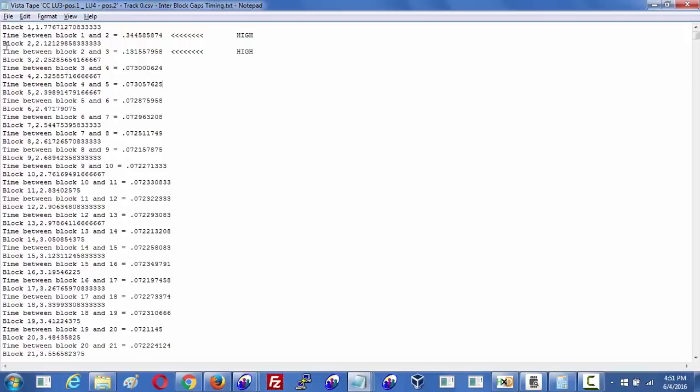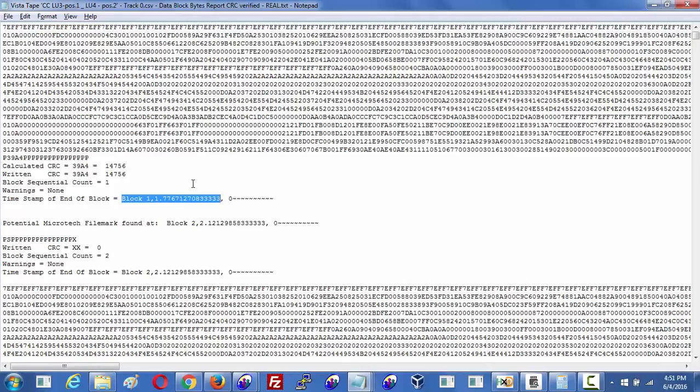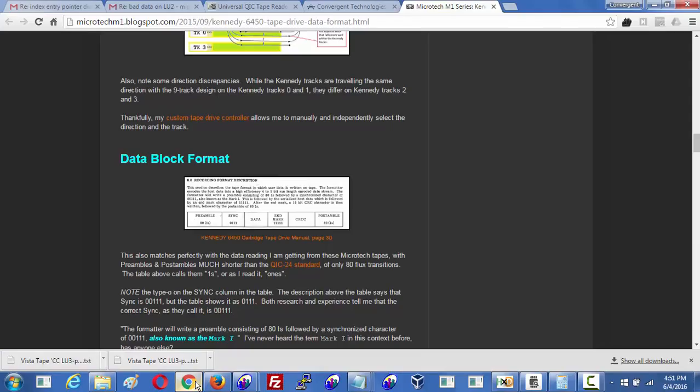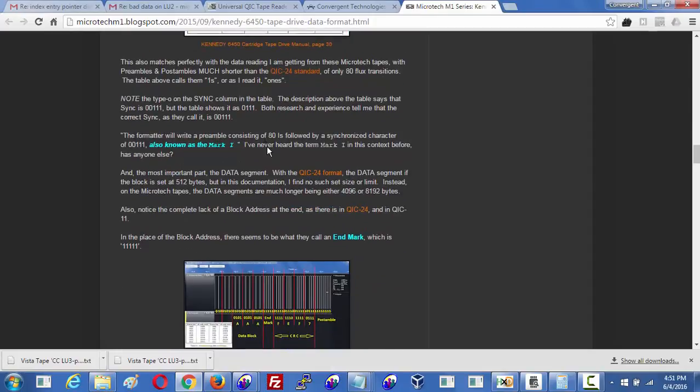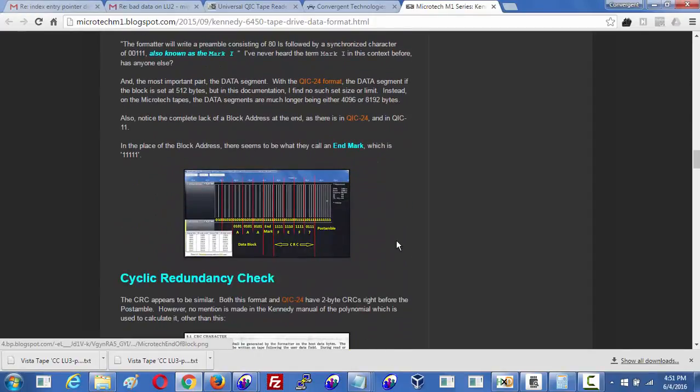Now, I know, even though this doesn't say it, block 2 is a file mark. And how do I know that? Well, my Datablock bytes report identifies that as a file mark. If you want to read more about how the file mark looks, just go to this page here, and I have an entire section on the file mark.